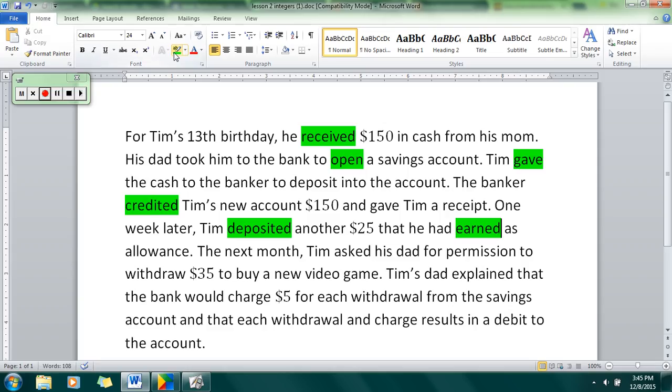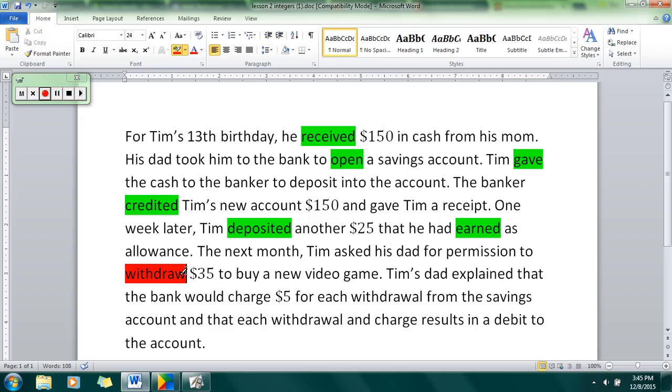The next month, Tim asked his dad for permission to withdraw $35 to buy a new video game. Since I'm taking money out, I'm withdrawing the money, which would be a negative. Tim's dad explained that the bank would charge $5 for each withdrawal from the savings account and that each withdrawal and charge results in a debit to the account.